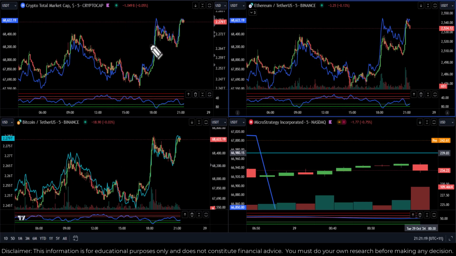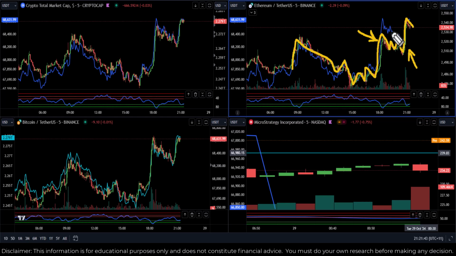And one thing that's really important to note, you can see here in blue, that's Bitcoin. In the background, the candlestick pattern is Ethereum. As Bitcoin goes up, what is ETH doing? It's going up. But if Bitcoin comes down, what is that doing to Ethereum? It's pushing it down. You can see this directional bias is incredibly important to understand.